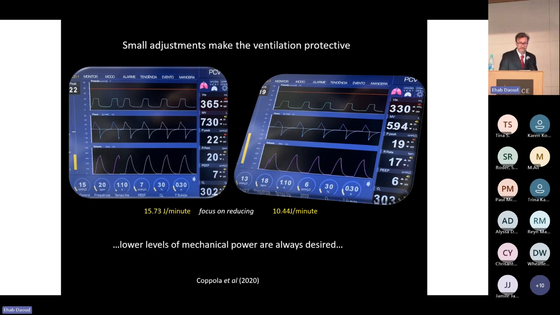As shown in these slides, the values of mechanical power before and after small adjustments show a 30% reduction in transferred energy without damage to oxygenation and ventilation. By the way, over-ventilation must be avoided, and lower levels of mechanical power are always desired.